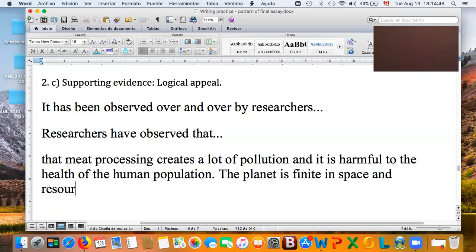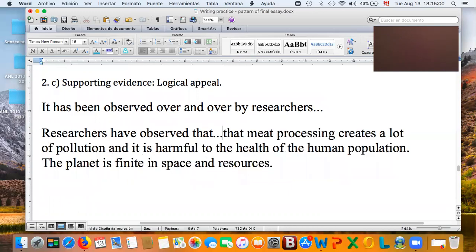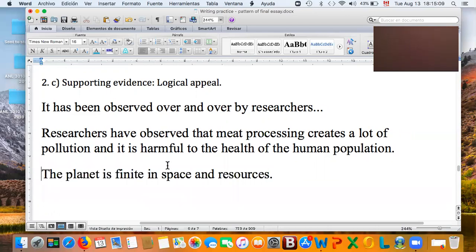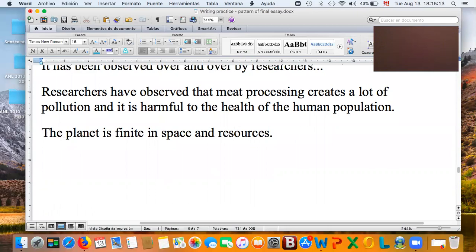The planet is not infinitely big. Okay, it's not infinitely big. Resources. Okay, so let's say that this here is the first step in the syllogism. This here is the second step in the syllogism. And so I would expect the conclusion to come next.